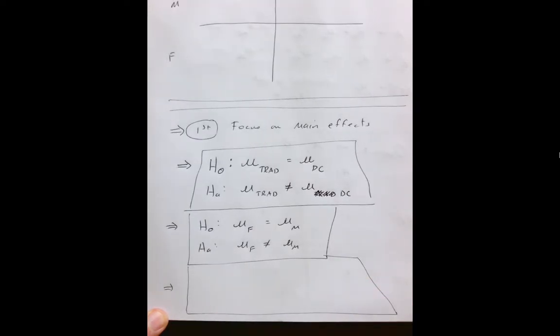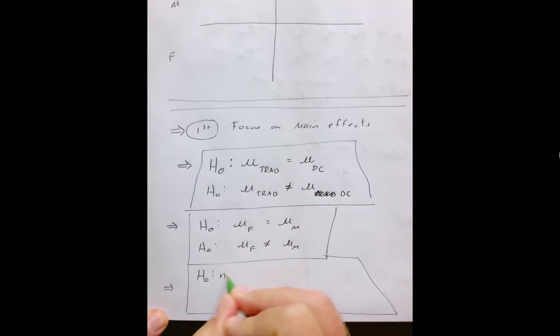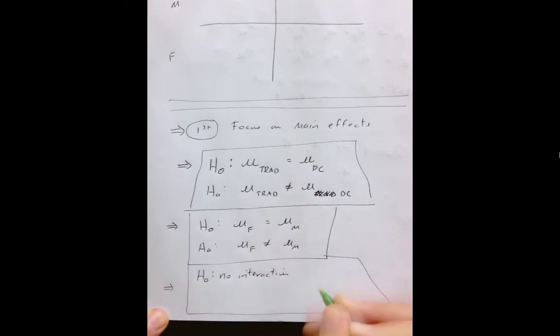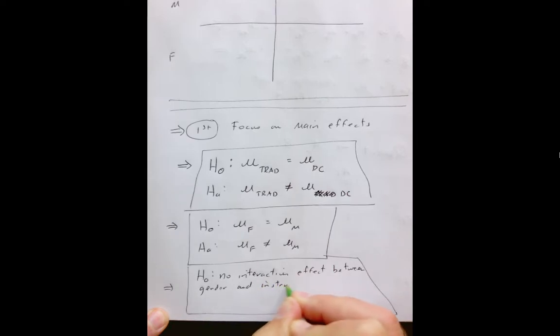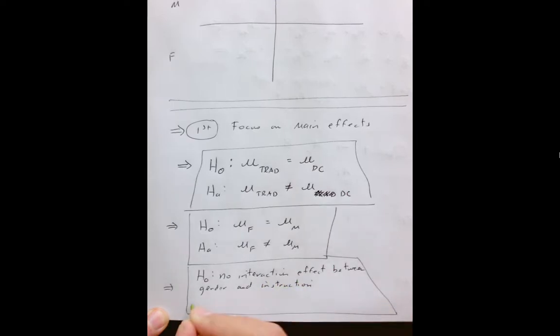the interaction. So we would say there's no interaction effect between gender and instruction. In the alternative here, there is an interaction.